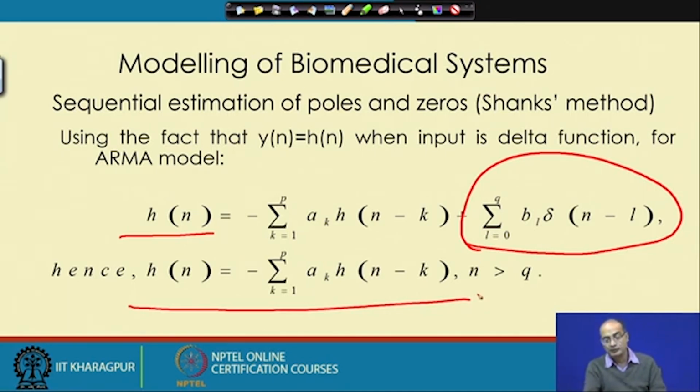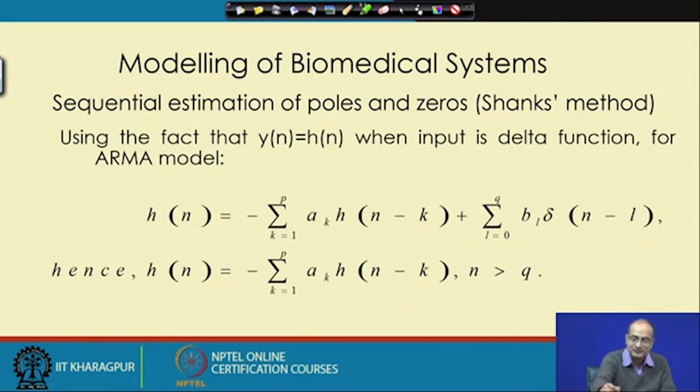Now, the benefit we get from this assumption is that we could actually separate the two sets of coefficients. Here we see that we do not have any B's; this set of equations has only the AK terms.